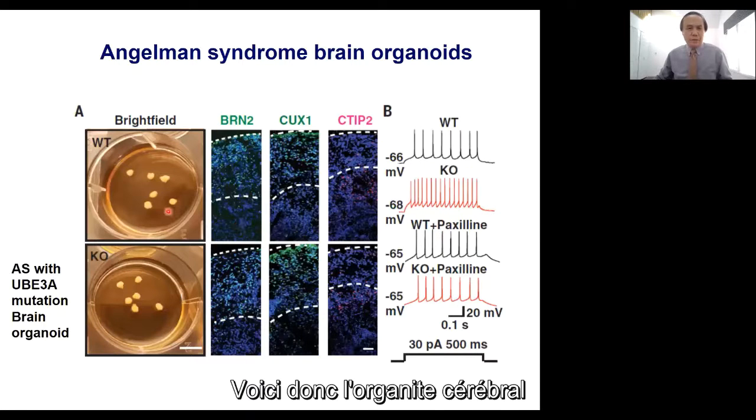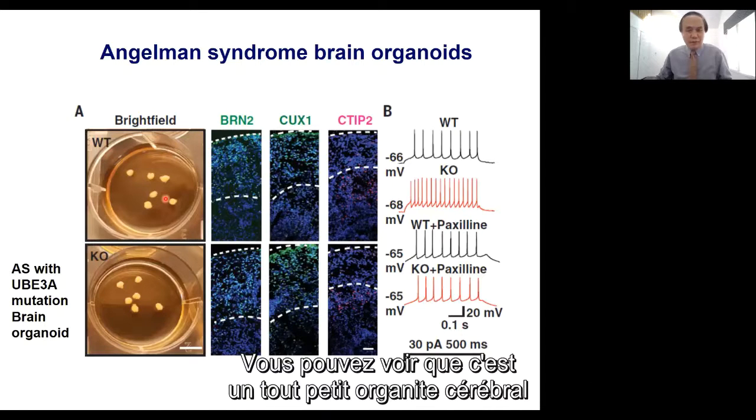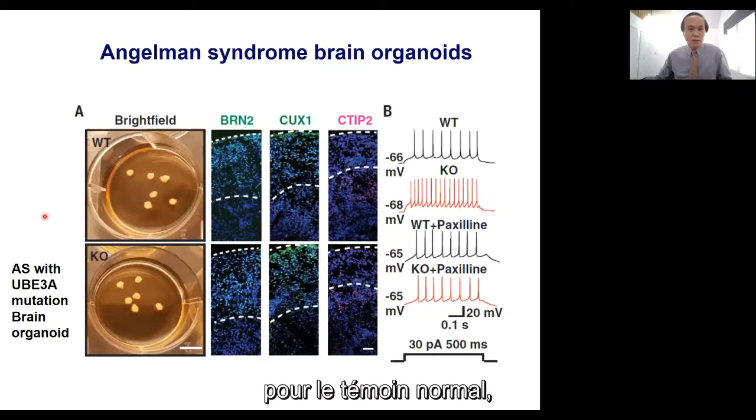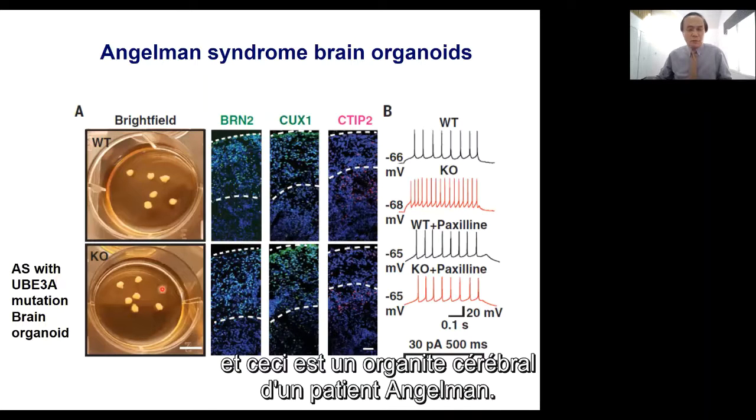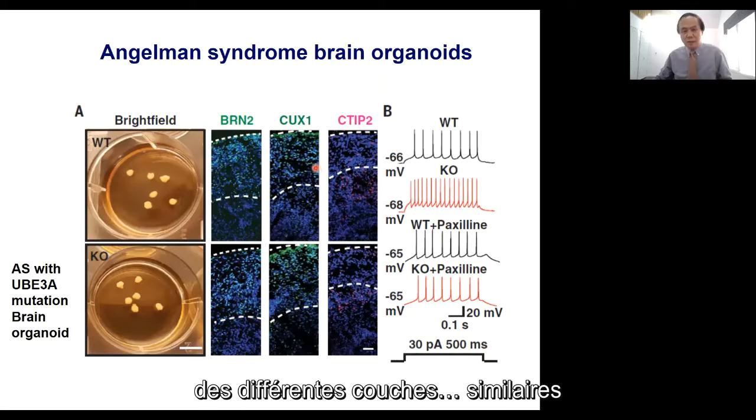So this is a brain organoid generated from that individual iPSC cell. You can see it's very tiny, the brain organoid from the normal control, and this is a brain organoid from the Angelman patient. We also see beautiful staining for the different cell types, in different layers similar to the human cortex.